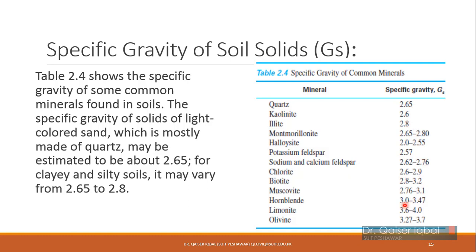And you can see over here some of the minerals like olivine has a specific gravity of 3.27 to 3.7, which means they are very very heavy compared to those soils. And similarly, the specific gravity of mercury is the highest, which is 13.6. So which basically tells you that mercury is 13.6 times heavier than water.